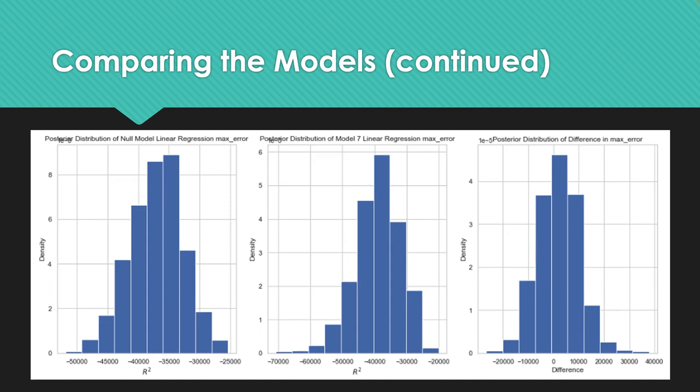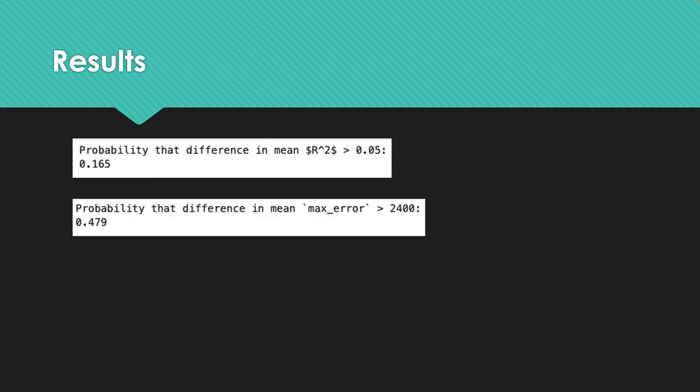And then finally, evaluating those, I decided to do a ROPE looking at the probability that the difference in mean of r squared is greater than 0.05. So I decided to look at a difference of 0.05 for the r squared as a definition of a true difference in mean r squared between the models, and found that the likelihood of that is only 16.5%.